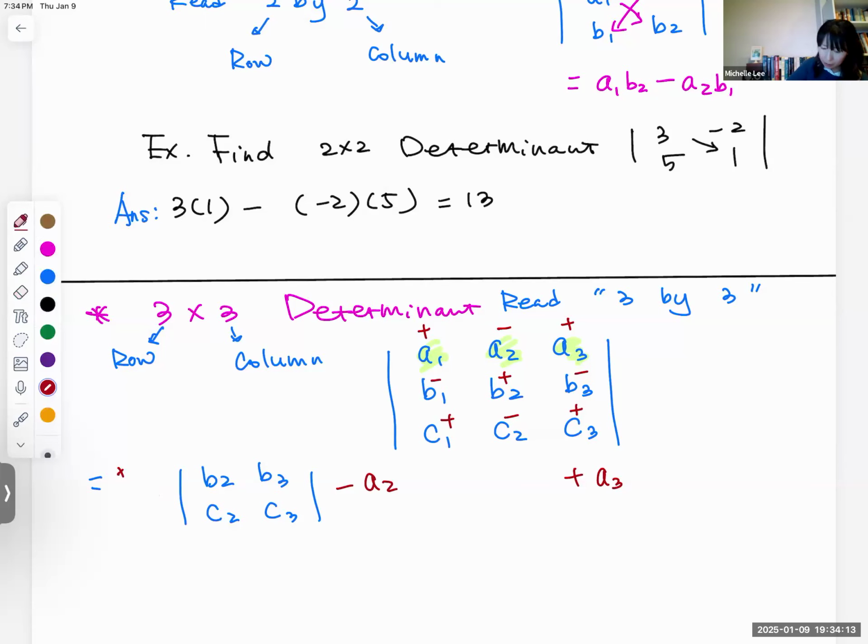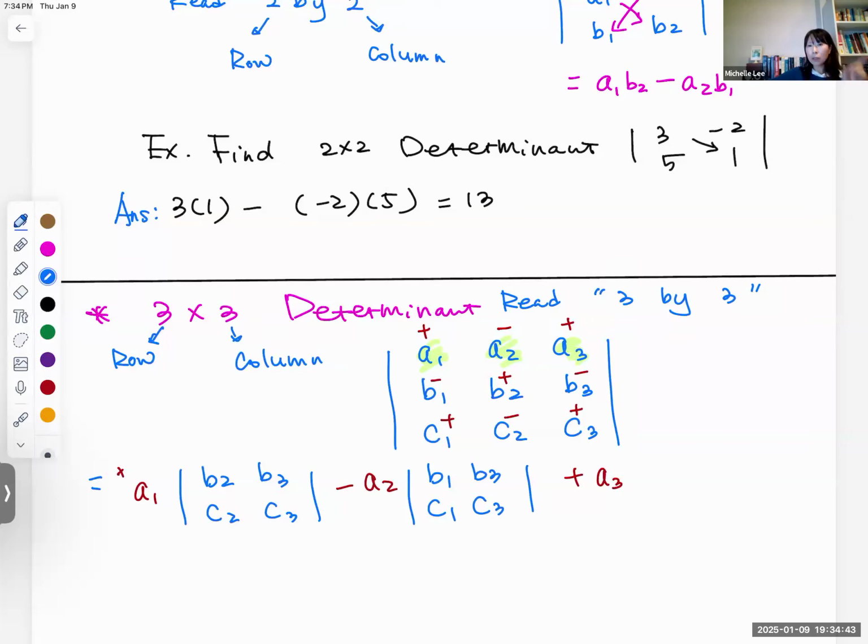Okay, for consistency, let me use the same color. Then a sub 2, we factor out a sub 2, then we are using these numbers. Make sense? So that will be a sub 2, with b sub 1, b sub 3, c sub 1, c sub 3. Make sense?